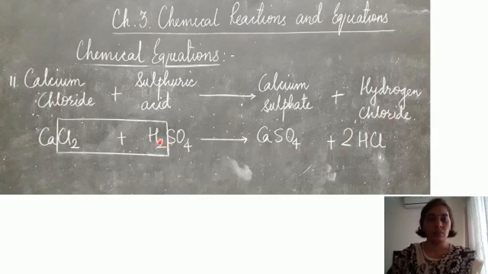The second product is hydrochloric acid, but you cannot copy down this as it is. It's just telling you that the product is going to have hydrogen and chlorine, that is hydrochloric acid. But your formula cannot be H2Cl2. It has to be the molecular formula. But we have got 2 atoms of hydrogen and 2 atoms of chlorine, so when you write down, you can write 2HCl.